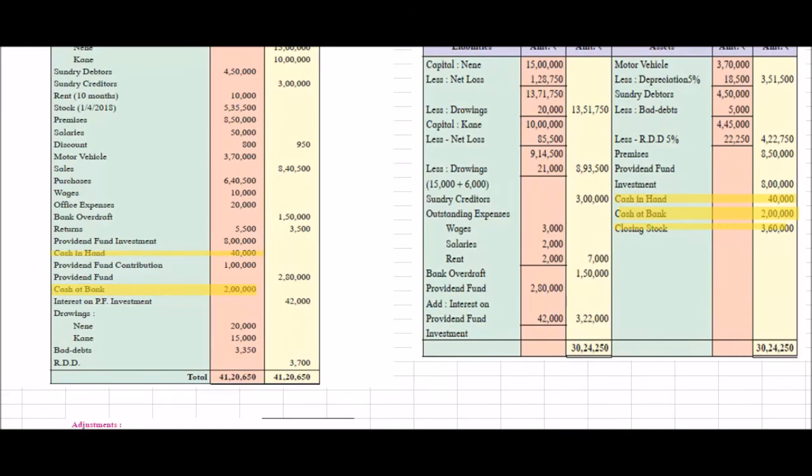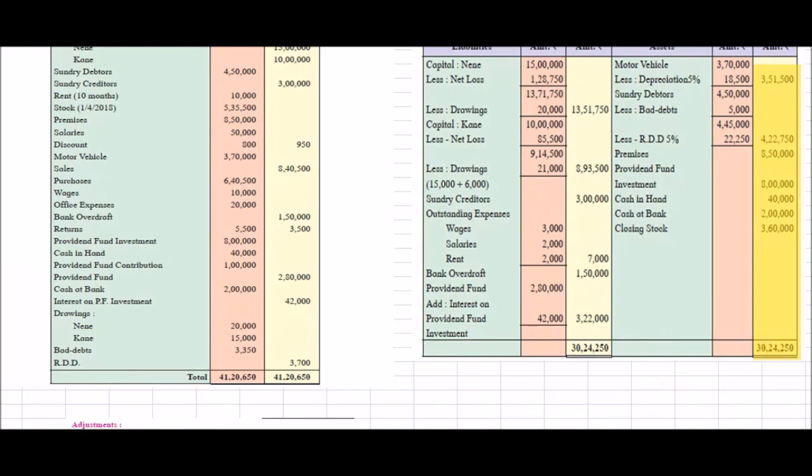After this, we need to calculate both sides. On the asset side: 3,51,500 rupees and 4,22,750 rupees, and 8 lakhs, plus 40,000, plus 2 lakhs, plus 3,60,000 rupees. Altogether we got 30 lakh 24,250 rupees on this side.